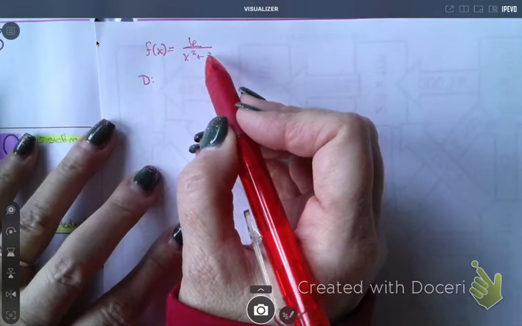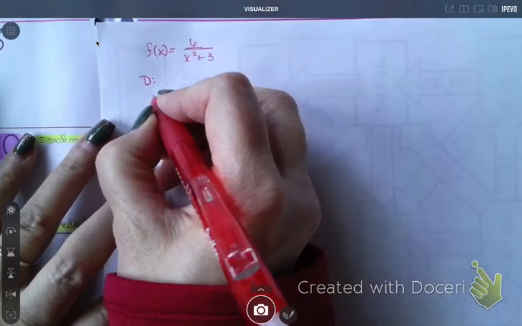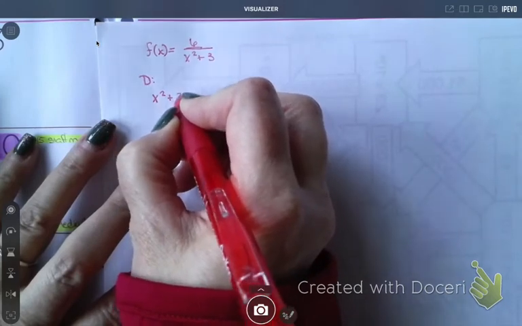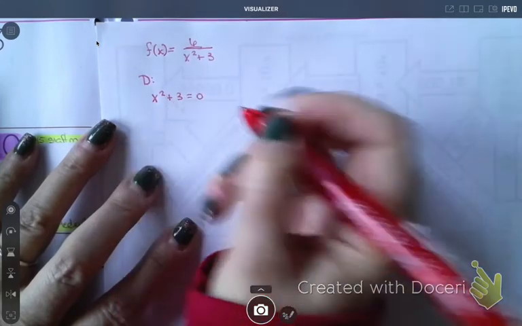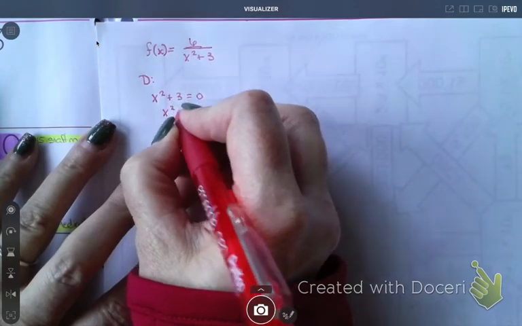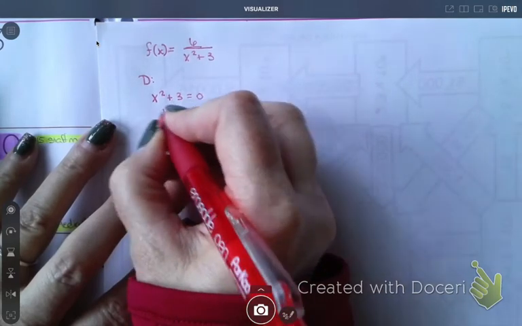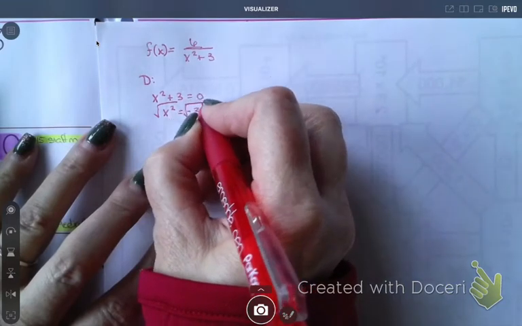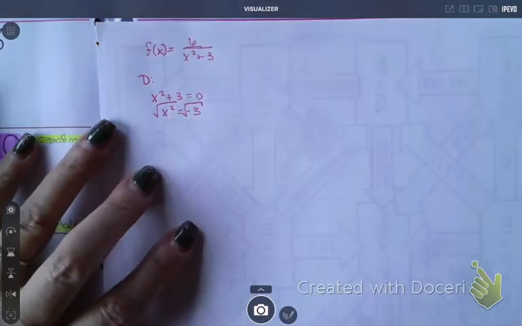So I have to set my denominator equal to 0. So x squared plus 3 equals 0. So then x squared equals negative 3. Square root, what's the problem with what I'm doing right now? Because you can't find the square root of a negative. I cannot find the real square root of a negative, correct?